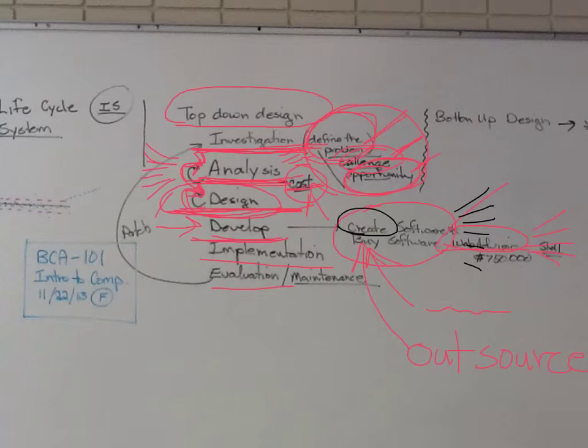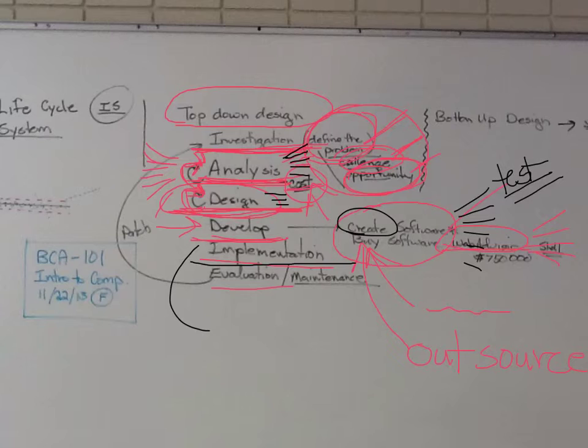This would be the most expensive. Create your own system. In the analysis stage, there's a point to where you decide how you're going to test the different items. The test is built in the design. When you're developing, you have to test so that before you implement, you have a pretty good idea if it's going to work.